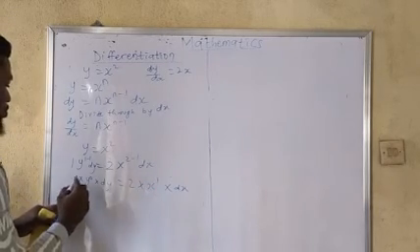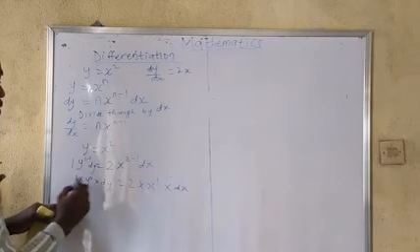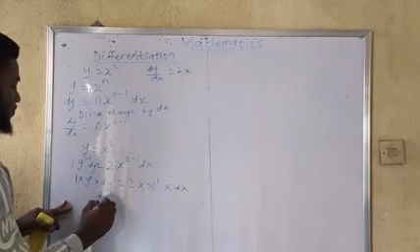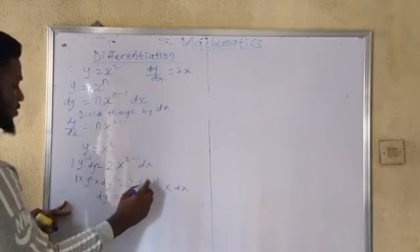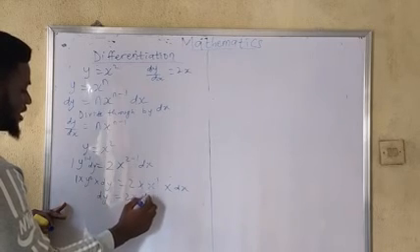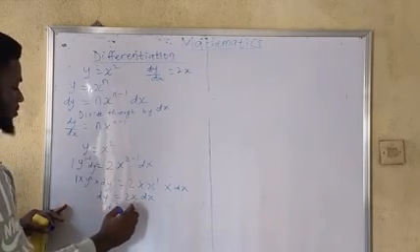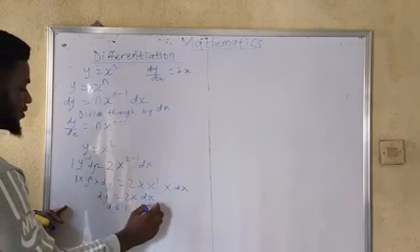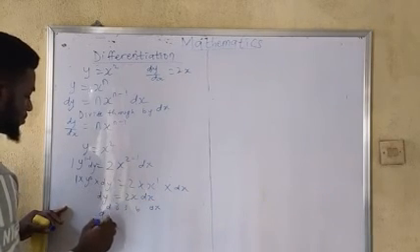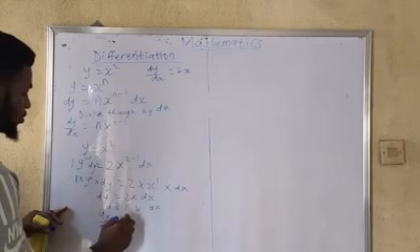So y to the power of 0 is 1, and you have dy equals 2x dx. So we divide both sides by dx, and you have dy/dx equals 2x.